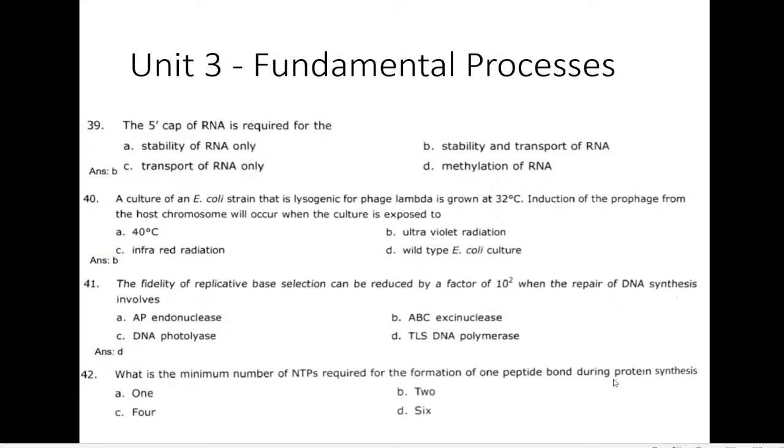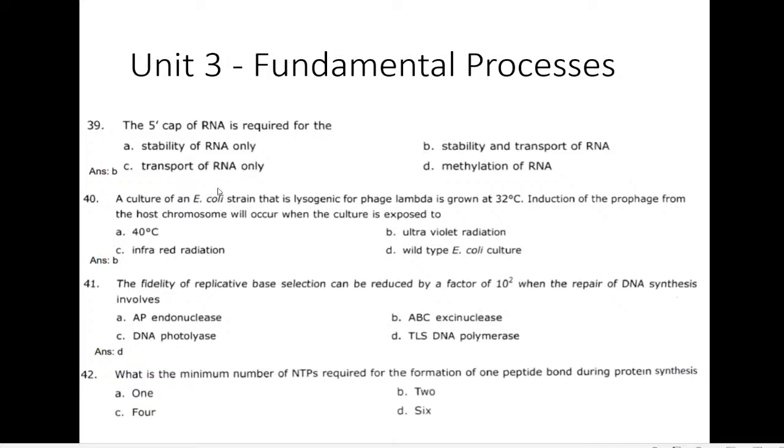One peptide bond. Peptide bonds are formed between all those sequences. In these sequences, three amino acids are there in one particular protein.